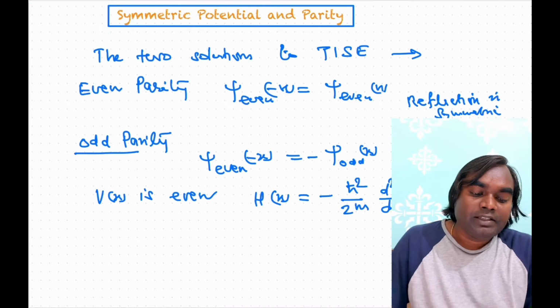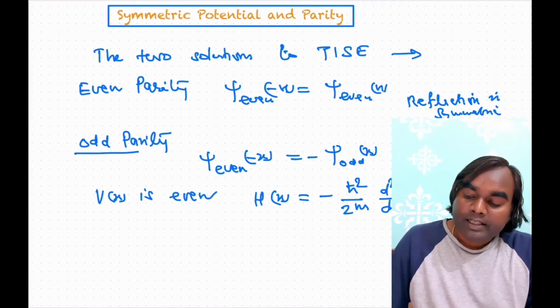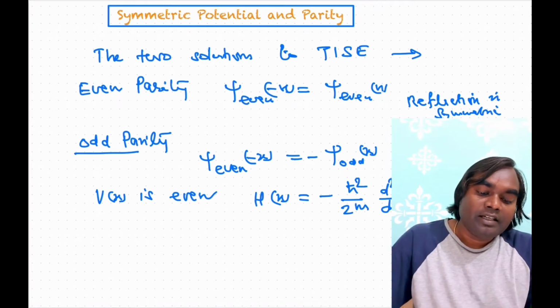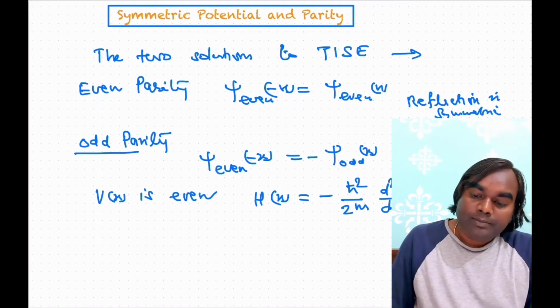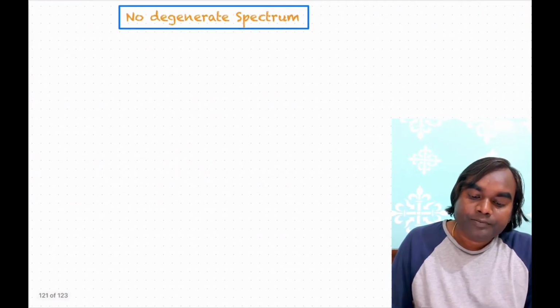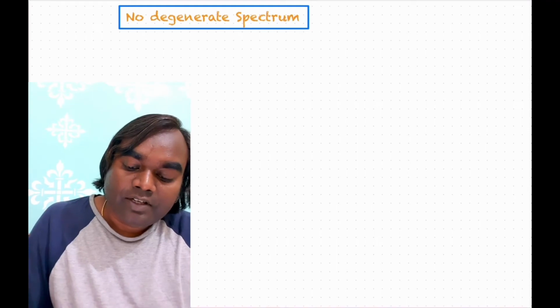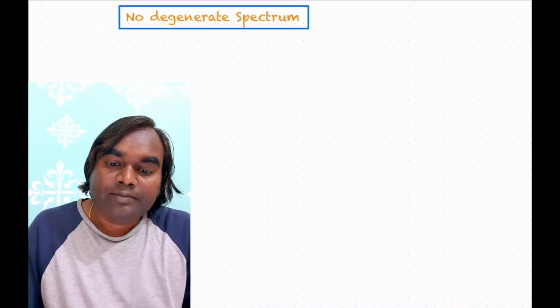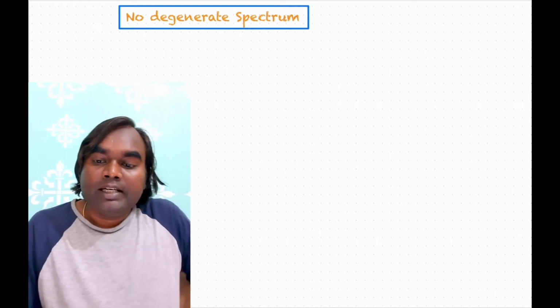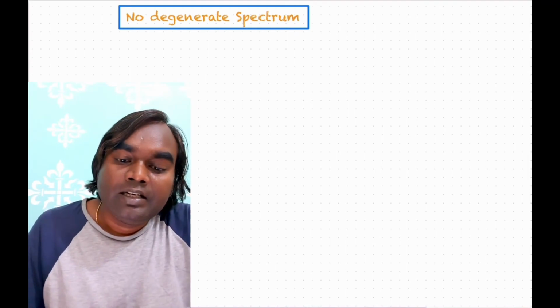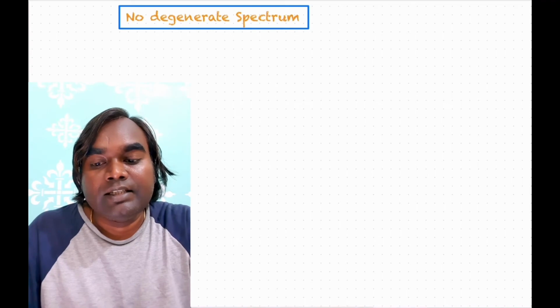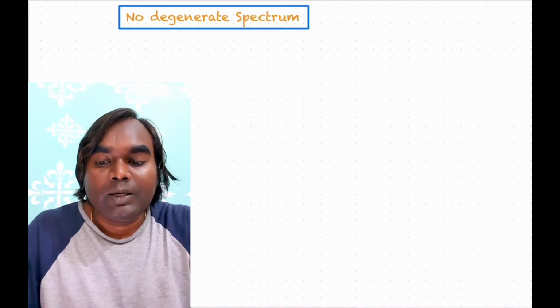Now let us consider two cases pertaining to degenerate and non-degenerate spectra of the Hamiltonian. In case of a non-degenerate spectrum, a non-degenerate even operator has the same eigenstates as the parity operator.